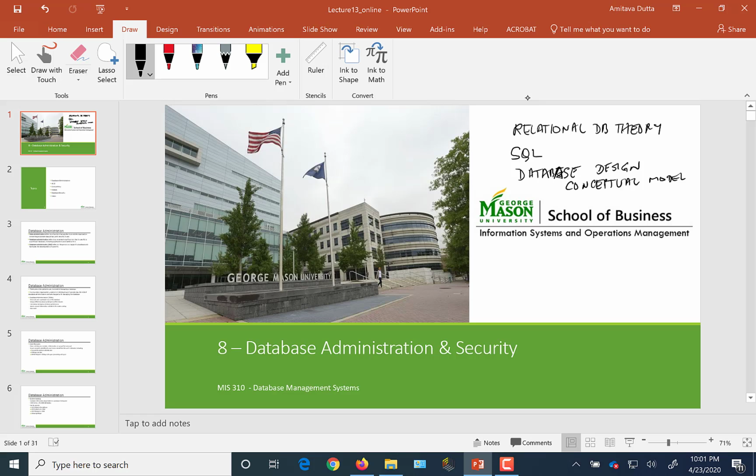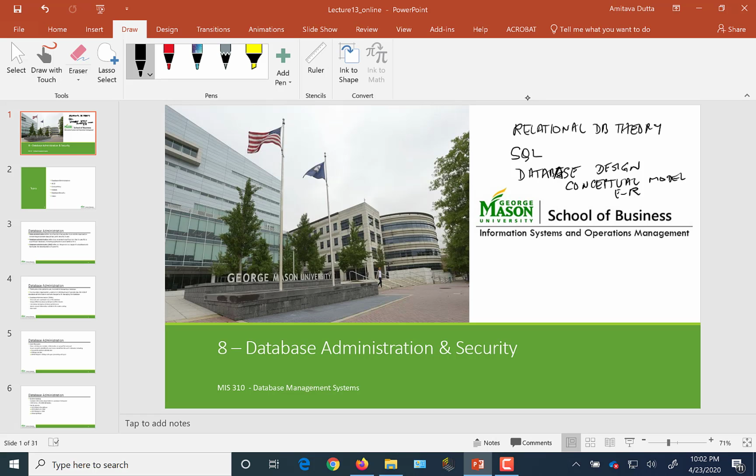Under conceptual modeling, we looked at how to take the description of a business, how it operates, its rules, its reports, its queries, screens, and all those kinds of things, and then from that, work out the structure of the database in terms of entities and relationships. We ended up with something called the ER diagram.